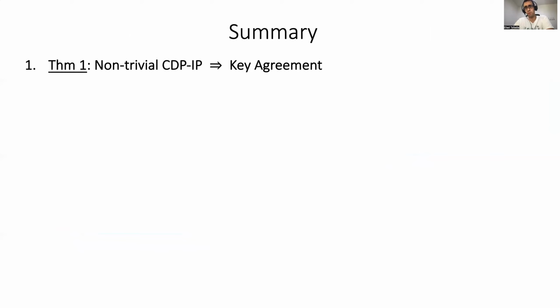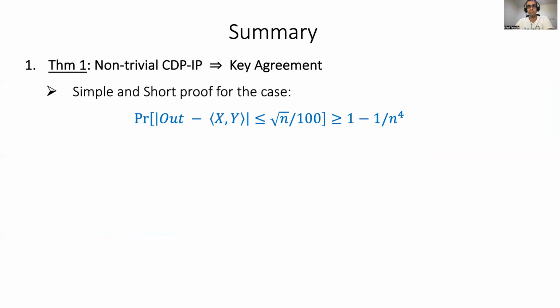To summarize, first, we saw theorem 1, which states that non-trivial CDP IP implies key agreement, which is our main result. We remark that in the paper, we also provide a much simpler proof for the case that the protocol is promised to be accurate with very high confidence, namely when the confidence of a good accuracy is almost 1 instead of, say, 0.01.